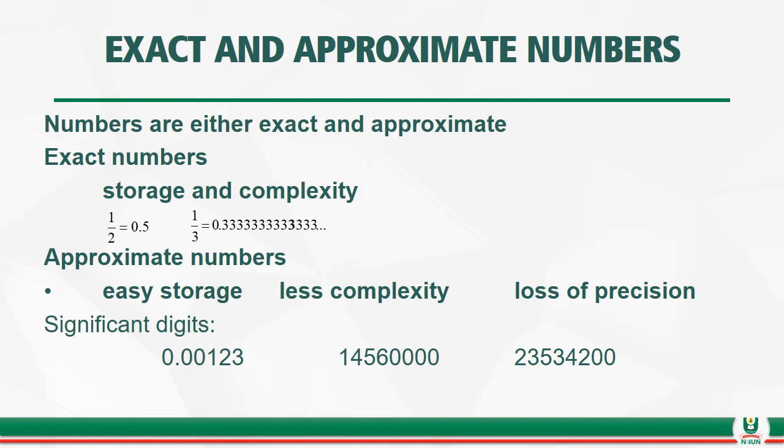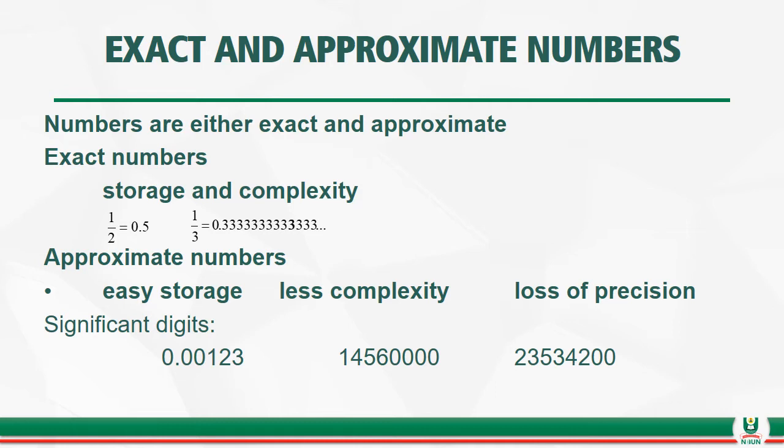Here, we have only the numbers 1, 2, 3 that are of significance. The first 2 zeros before 1 are not significant. And in numbers like this, the most significant is 1, and the least significant is 3.